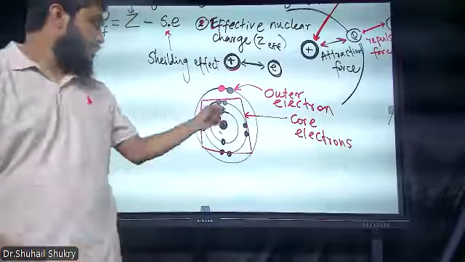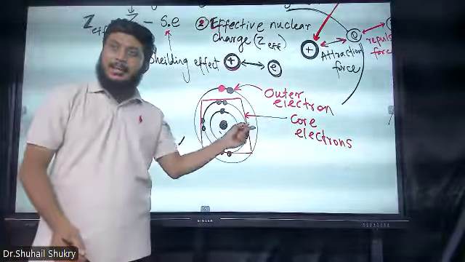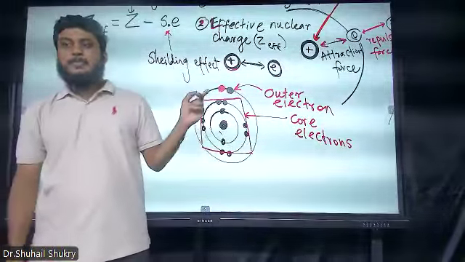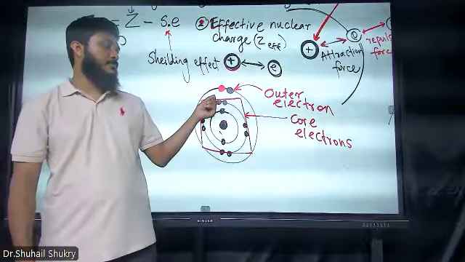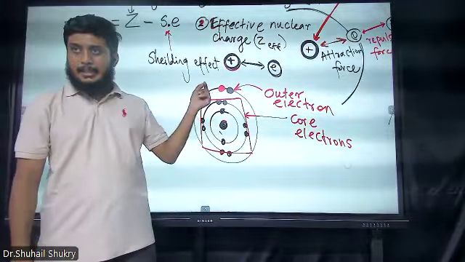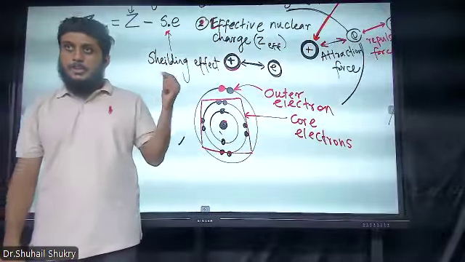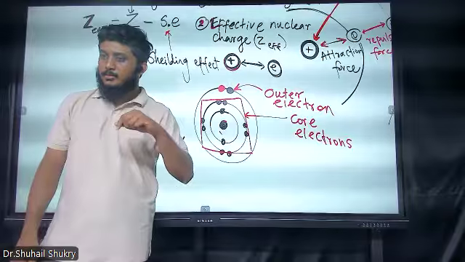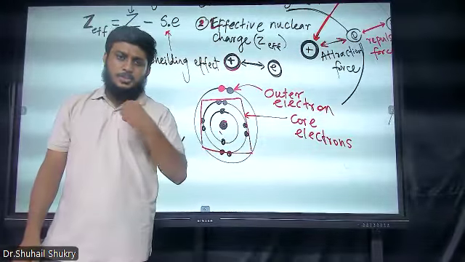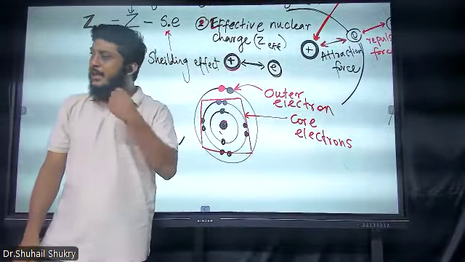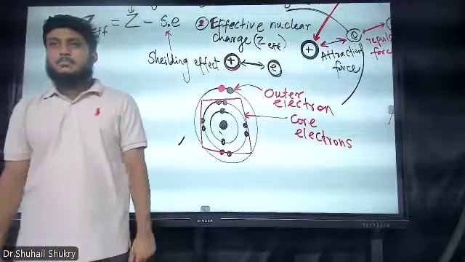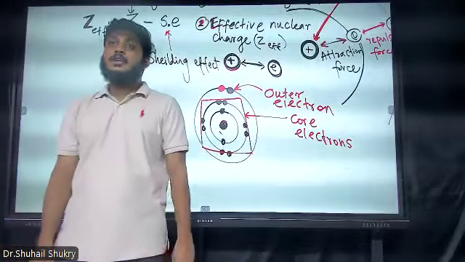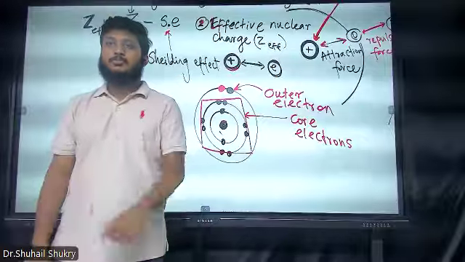Likewise, if there is a statement in the exam that because of electrons added to the same shell, the shielding will remain constant, you have to take that as true.